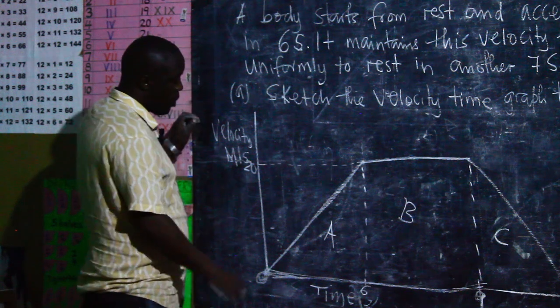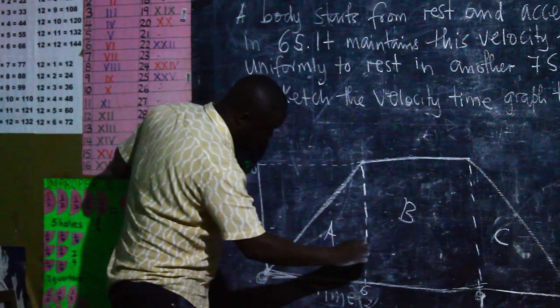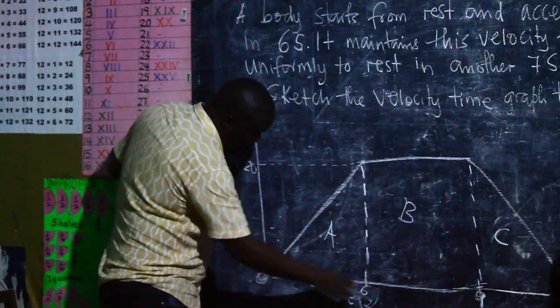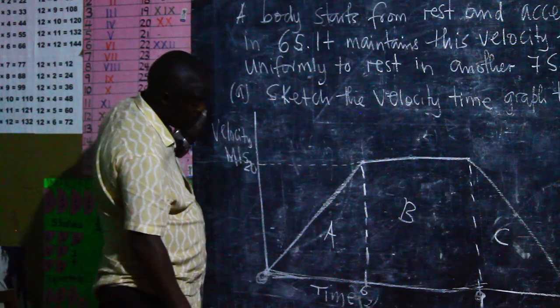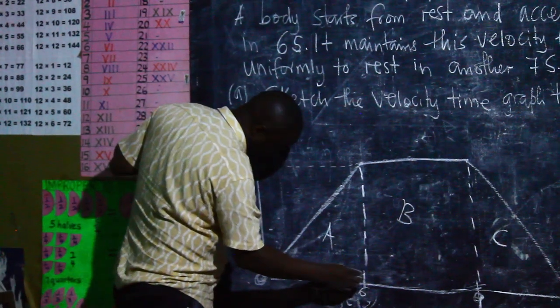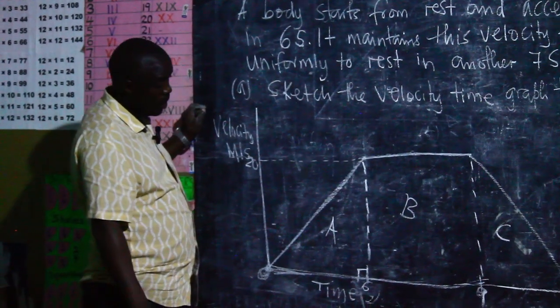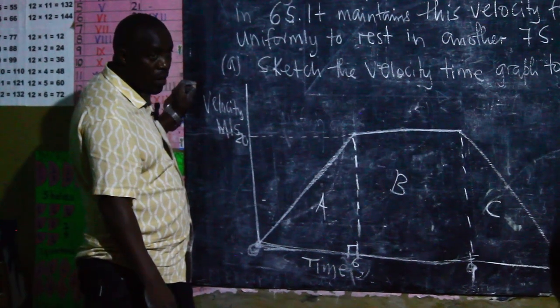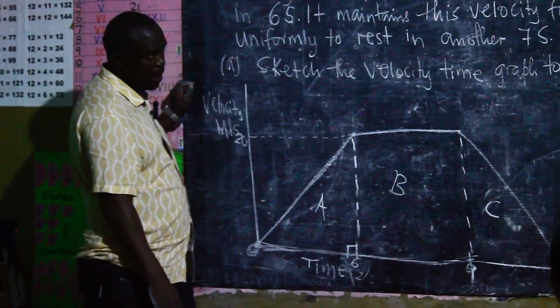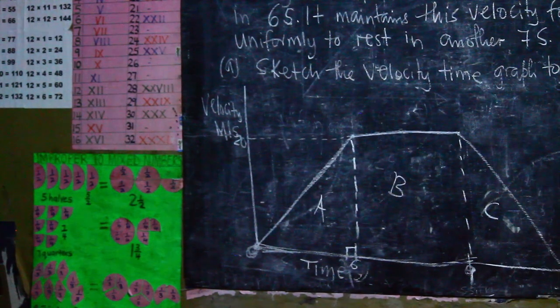Now, if you look at these demarcations, I've put it there. What is the shape of area A? This is a right-angled triangle. Is that clear? We can use a right-angled triangle to get the area. So what is the area of a triangle?